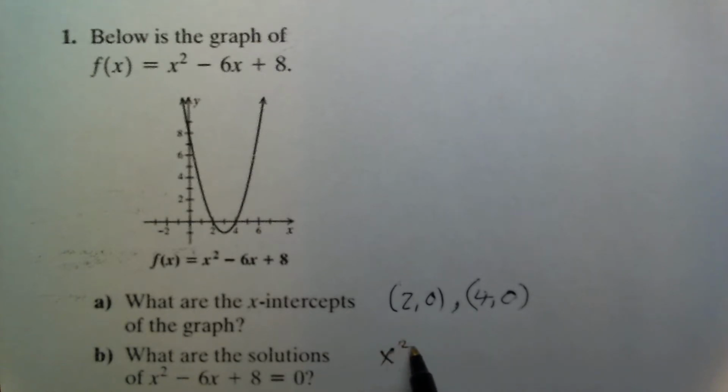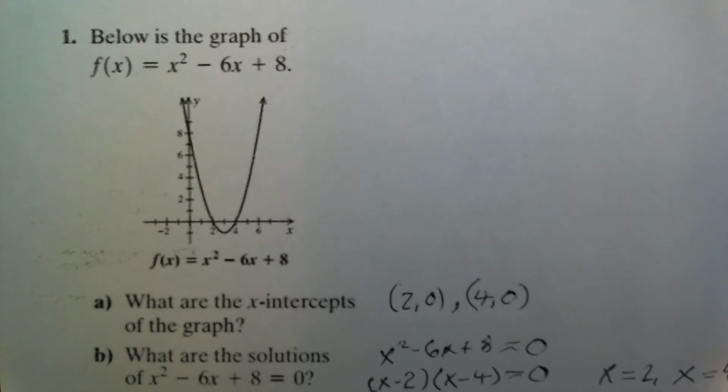And for the B part, we can look at the solution as follows. x squared minus 6x plus 8 equals 0. We can factor this into x minus 2 times x minus 4 equals 0. When we set each of the factors equal to 0, we find the solution x equals 2, and the other solution is x equals 4.